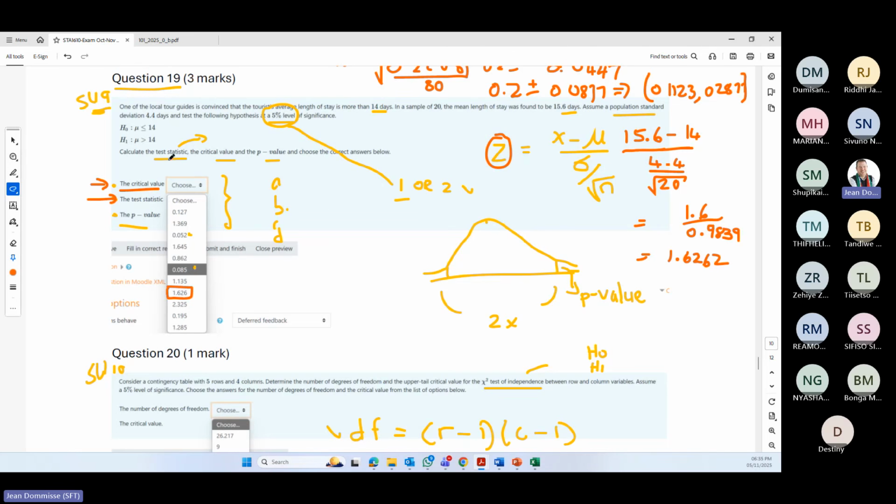Critical value. Let's quickly see critical value. Where is the level of significance? 5%. So is it one tail or two tail? There's now a lot of scribbling going on here. Okay, so you guys tell me, is it one tail or two tail?